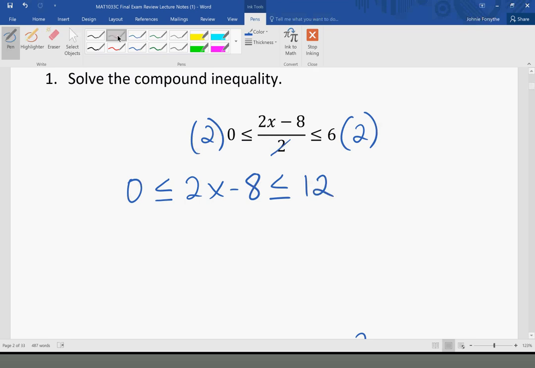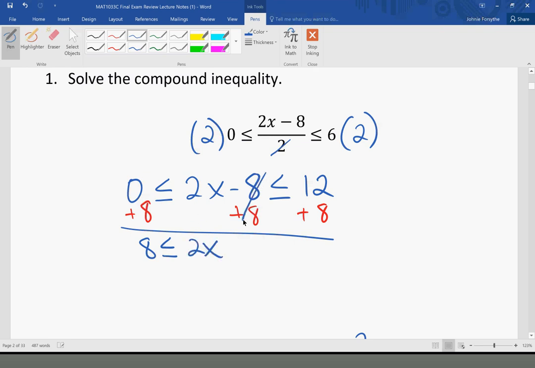Now we're solving for x, so next we add 8 to each side of this compound inequality. Then 0 plus 8 is 8, which is less than or equal to 2x. Negative 8 plus 8 cancels out, which is less than or equal to 12 plus 8 is 20.